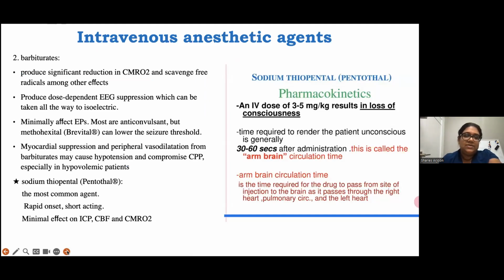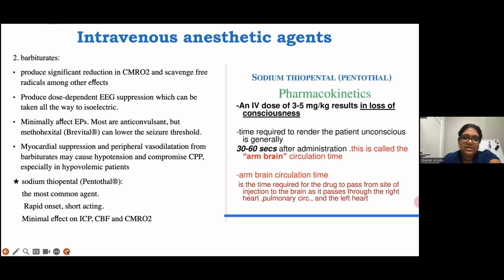The second set of intravenous anesthetic agents are the barbiturates. So these produce significant reduction in the cerebral metabolic rate of oxygen consumption and scavenge free radicals, among other effects. They produce dose-dependent EEG suppression, which can be taken all the way to isoelectric, and they minimally affect the evoked potentials.